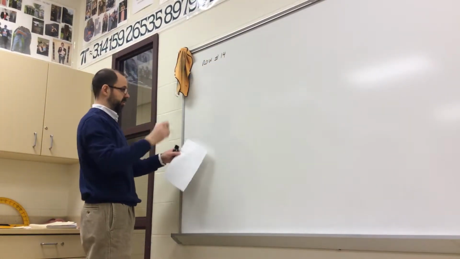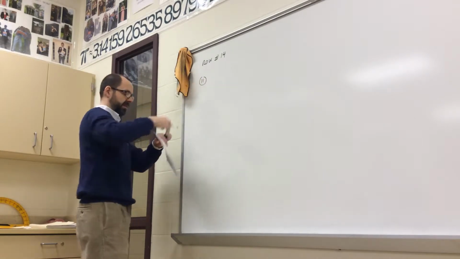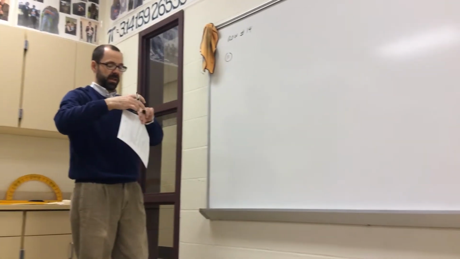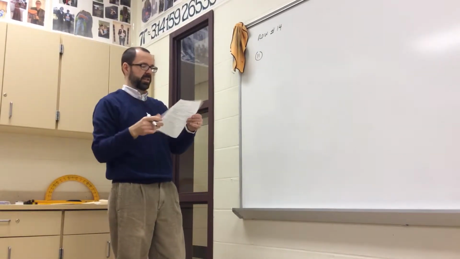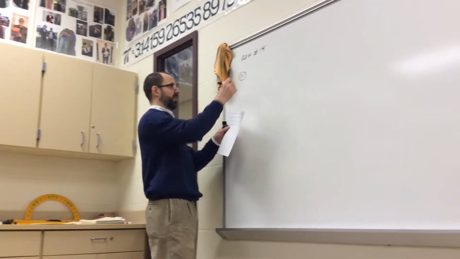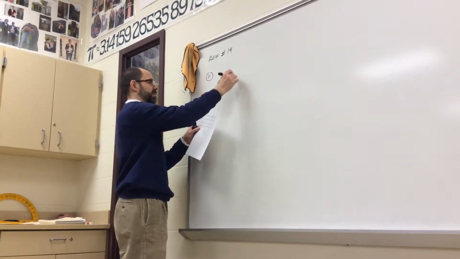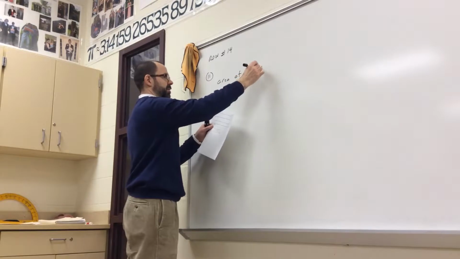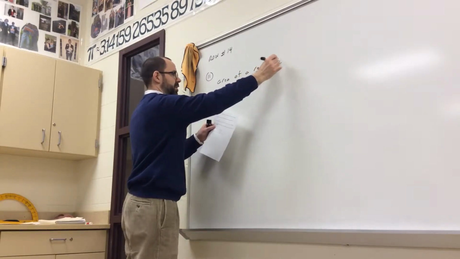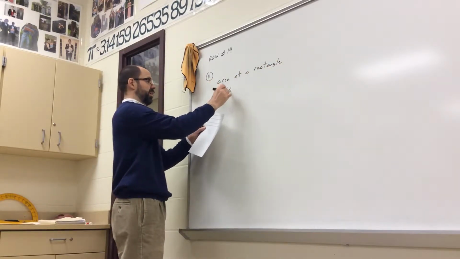And we are going to start with number 11. In number 11, the information says that the area of a rectangle is 14 square centimeters.